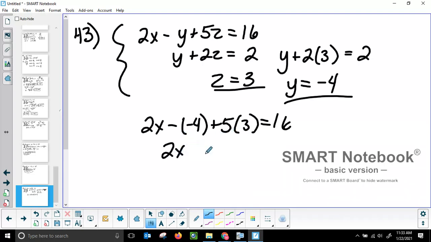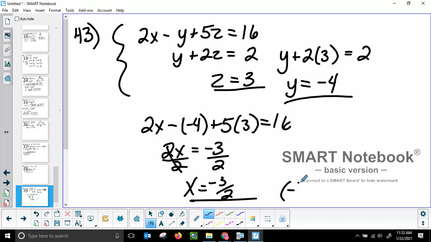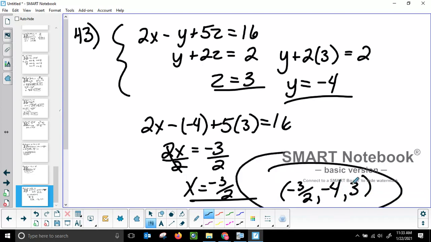So we subtract 19 from both sides, we get negative 3, divide by 2, x is equal to negative 3/2. So now our final solution would be negative 3/2, negative 4, 3. Done.